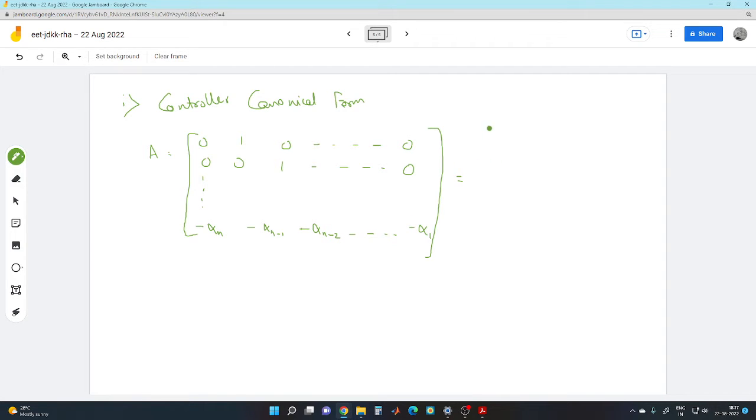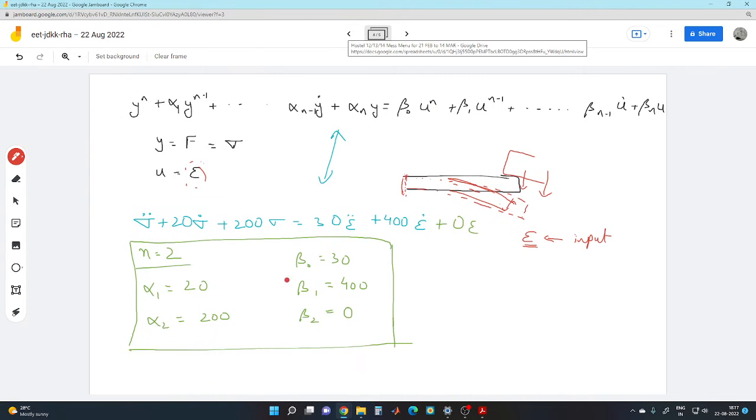So substituting from the previous equation, n is equal to 2, so we have 4 entries: 1, 2, 3, and 4. And for those entries, we can see from here, alpha 1 is 20, alpha 2 is 200.